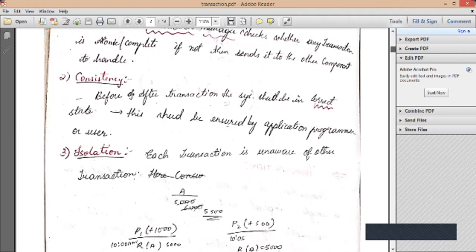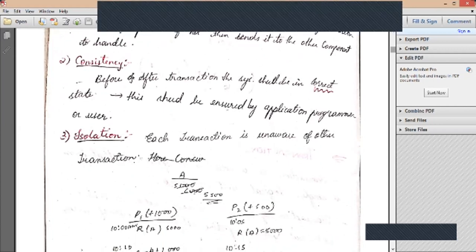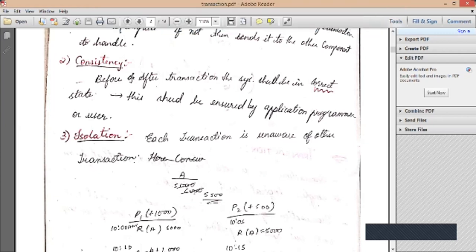Now what is consistency? That is the next property. Before any transaction has started, suppose account A's amount was 5,000, and after the completion of the transaction, it should be 6,000. So consistency means before any transaction happening it was 5,000, that is the consistent state of the database, and after the transaction it should be 6,000.